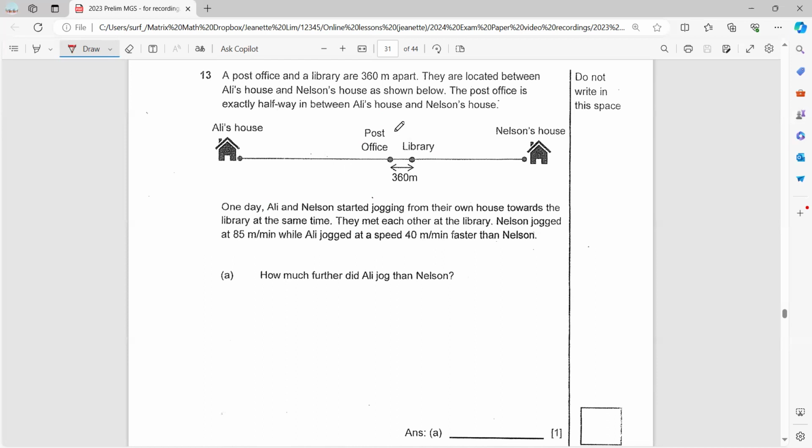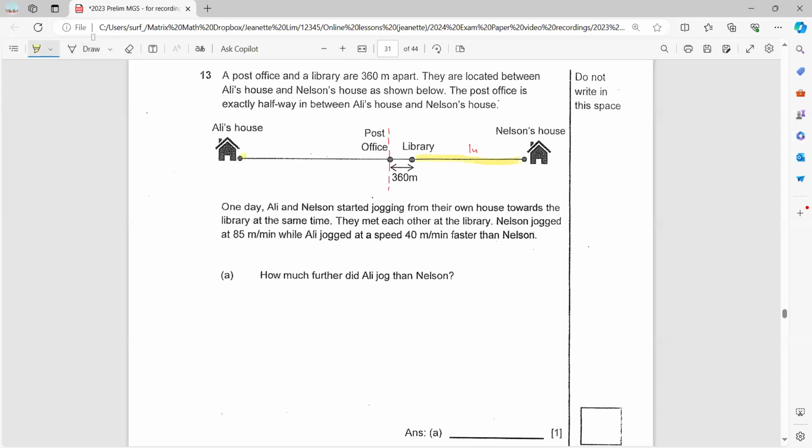Okay, so first, if this is the center, and this is what Nelson jogged. So imagine this is like 1 unit plus a 360. So Ali actually jogged how much?